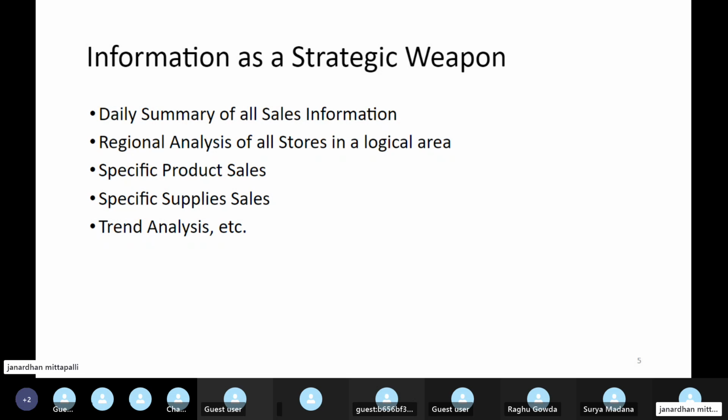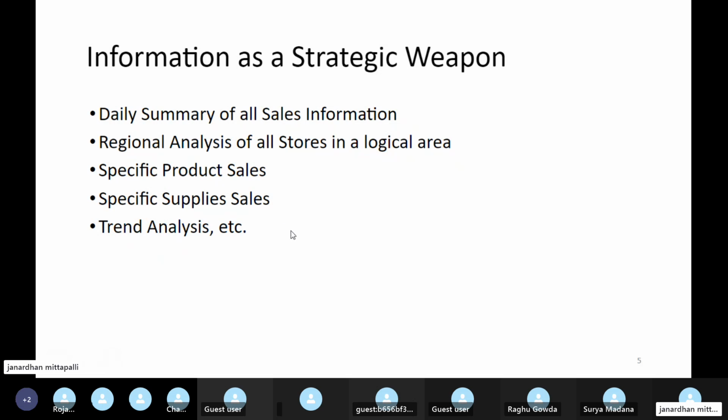So what will you do with the information? You can understand your daily summary of your sales information. It is not the only thing, it is just an example. You can do a lot based on your business or your sector, and you can do a regional analysis of all stores in a logical area, and specific product sales or specific service sales and specific supply sales.